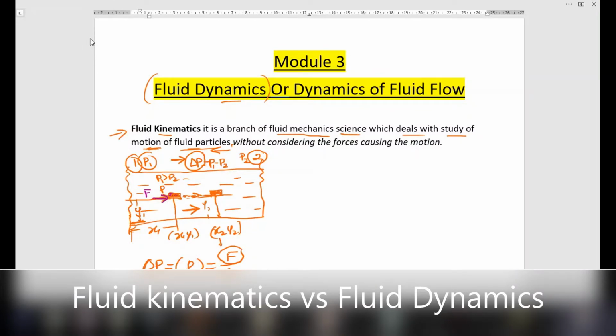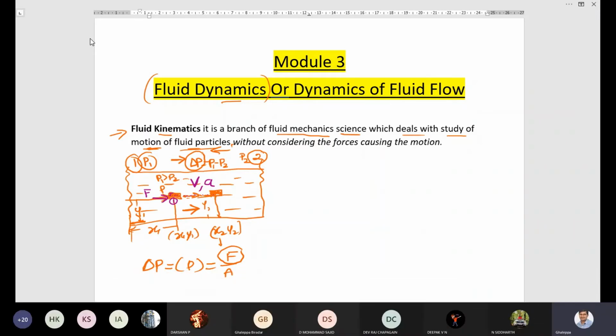Because of this force the fluid is in motion. When the fluid moves from one point to another, there is obviously a change in velocity. And when there is a change in velocity with respect to time, acceleration is also considered.